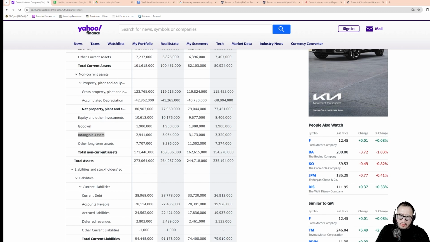An important thing with goodwill and intangible assets are basically assets that can't be turned into money very quickly. So things like a company's brand name or like patents or something like that. Generally, goodwill and intangible assets, they're very difficult to turn into money.